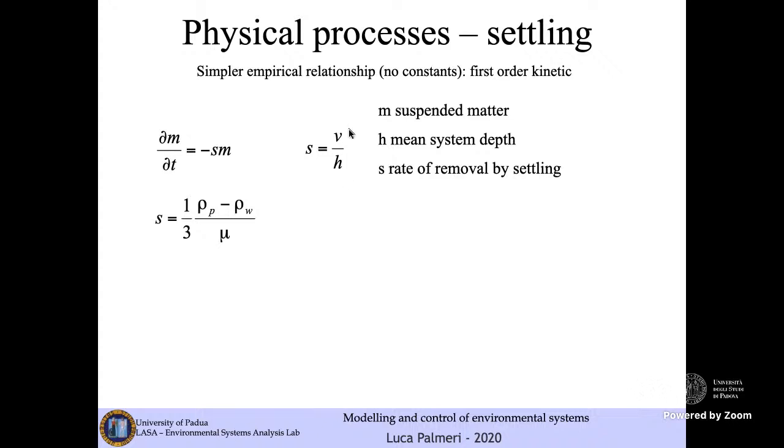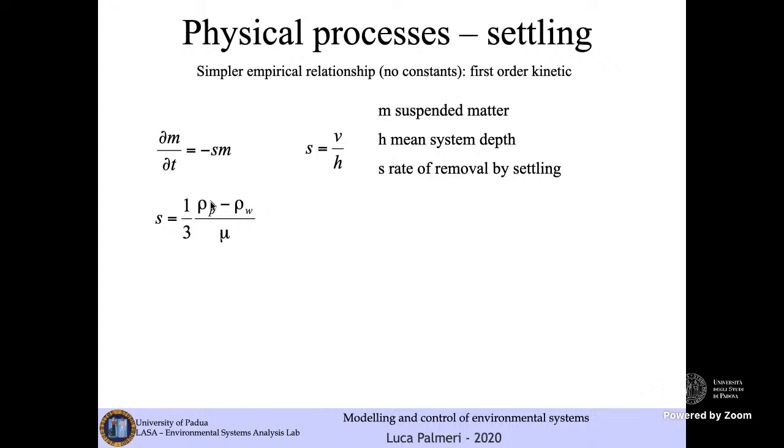In this case, the rate of removal of substances by settling, expressed as the ratio between the settling velocity v and the depth of the system, may be rewritten as 1/3 the difference of the density of particles minus the density of water, divided by mu, the viscosity coefficient.